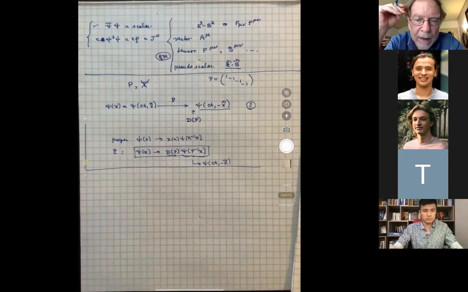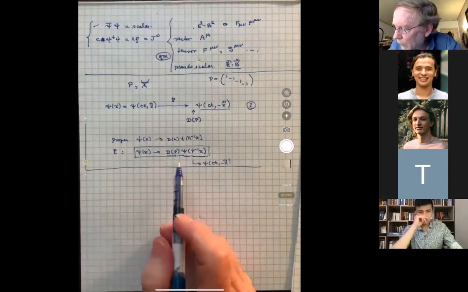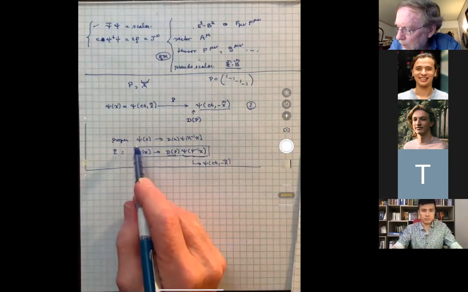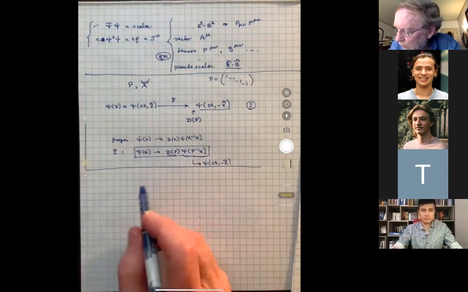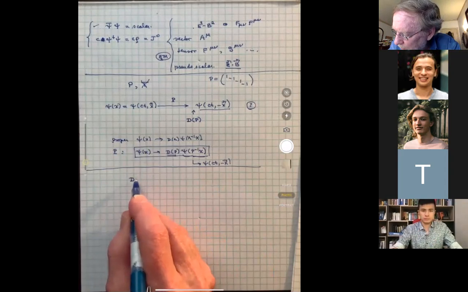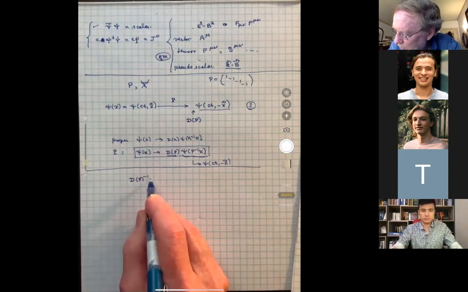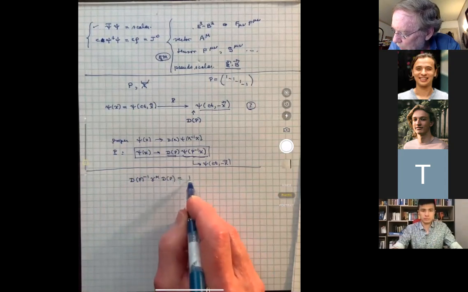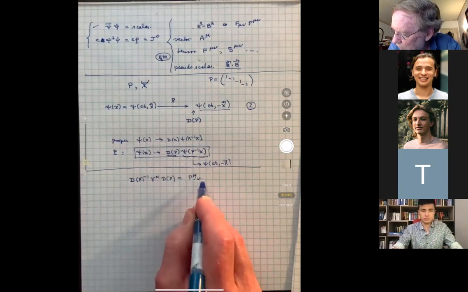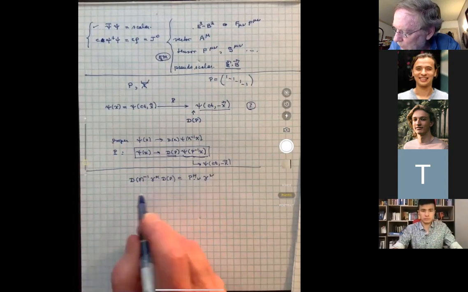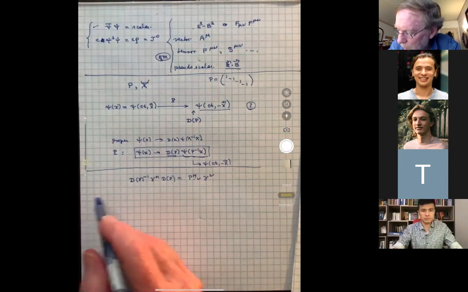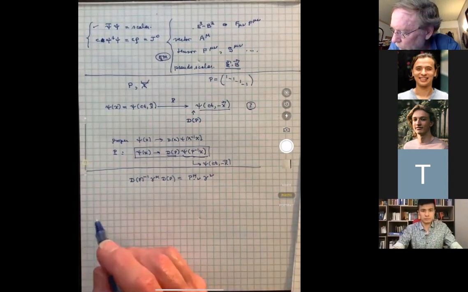So if we make that demand, then we can go through the analysis of the condition on D of P. And the analysis is exactly the same as we did earlier with D of lambda, and it leads to the same conclusion, namely that D of P inverse times gamma mu times D of P should be equal to P mu nu times gamma nu. It's just replacing lambda by P. It's the same formula we had before, and it's derived in exactly the same way.